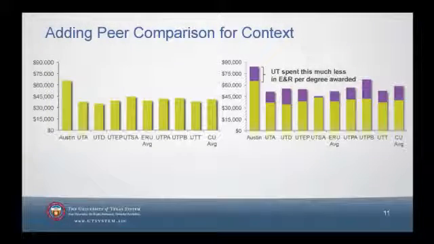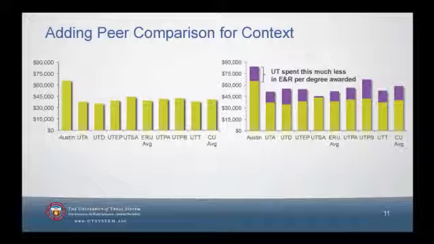Just to give you a quick example, this is a very simple graphic. On the left-hand side, you'll see a basic bar chart. This bar chart represents what it costs our institutions to produce a degree. Each bar represents one of our institutions, and you're like, great, you showed me what it costs to produce a degree.